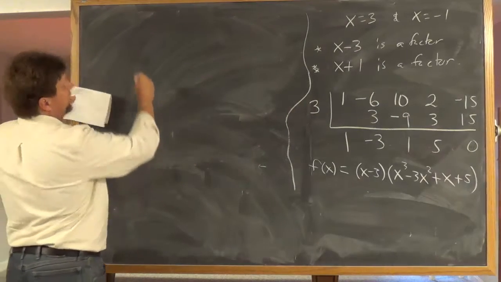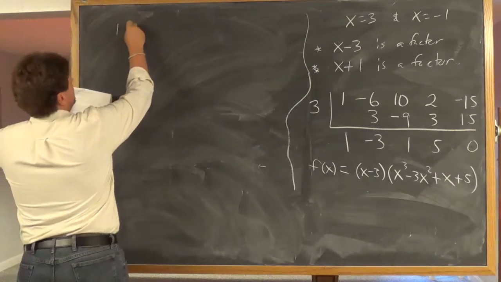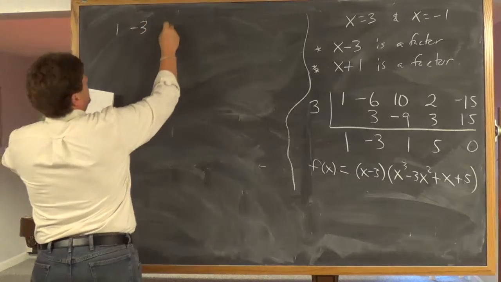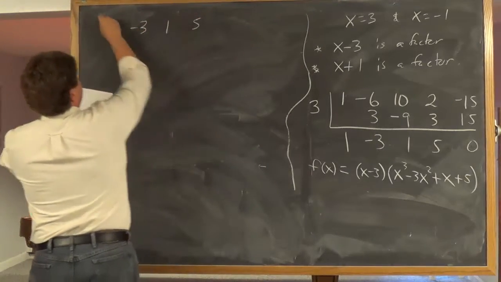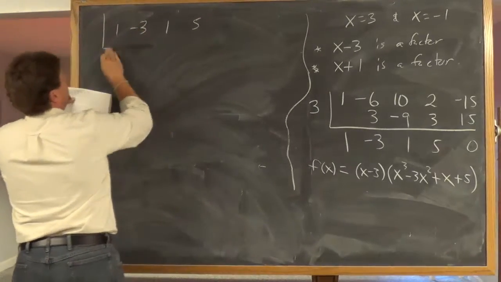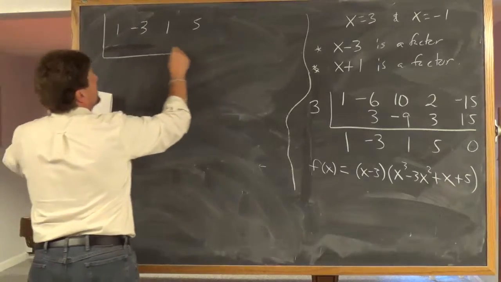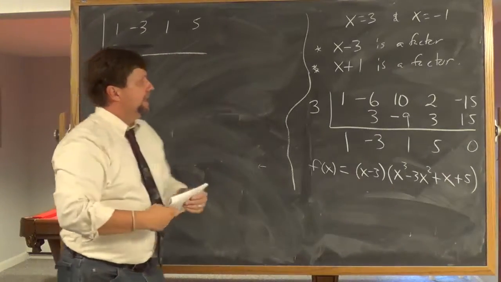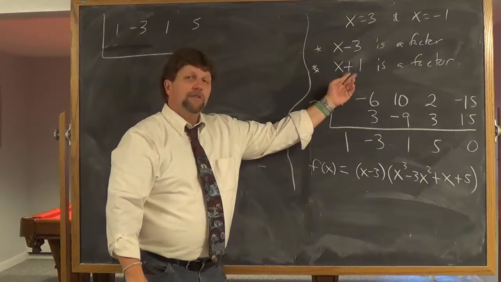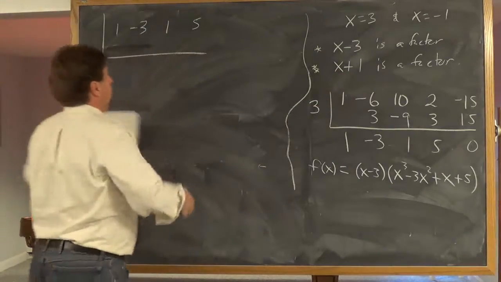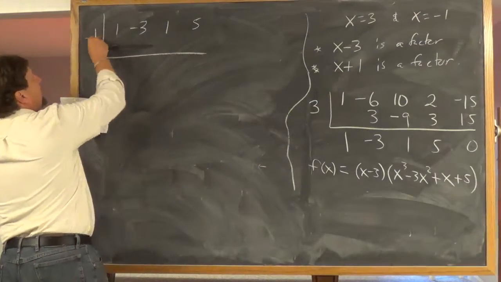I'll write down the coefficients: 1, negative 3, 1, 5. Oops, didn't leave myself enough room. I'm going to synthetically divide that by x plus 1. So that means I need to put a negative 1 here.